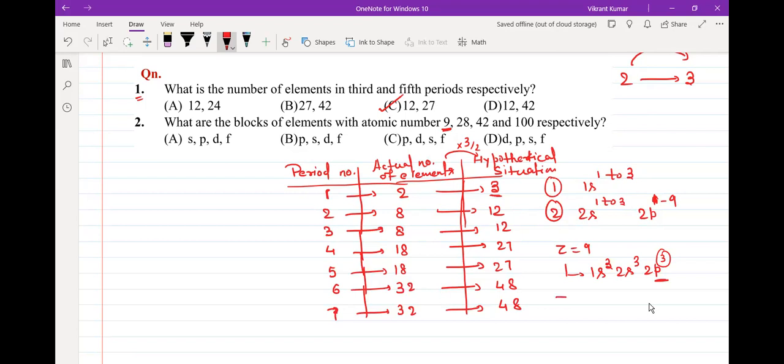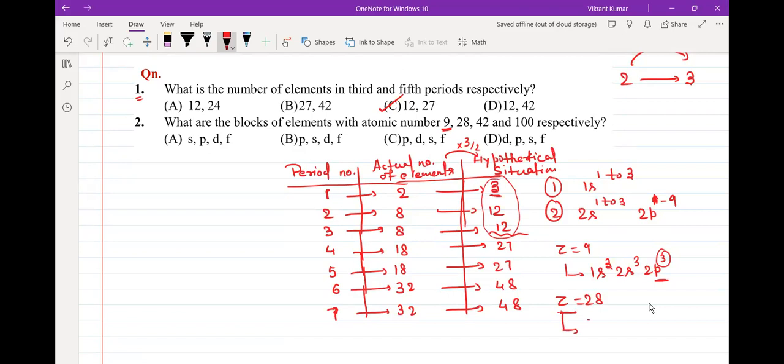If I'm talking about Z equals 29, 28. See, add these three, how many have we got? 3 plus 12 plus 12, 27. So the 28th element, after filling 27, will start at 4s1.